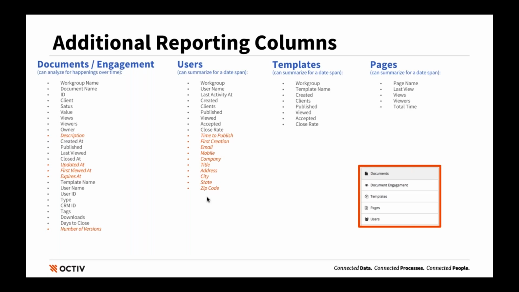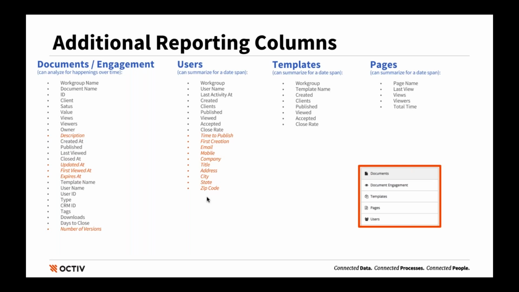So here can be a place where we come specifically looking to summarize users for a specific date span. I think one of the most helpful things that we can look at here might be things like the last time that user was active, looking at the close rate, and maybe some of the production for those specific users. So we're adding some more data points to make that report more useful.